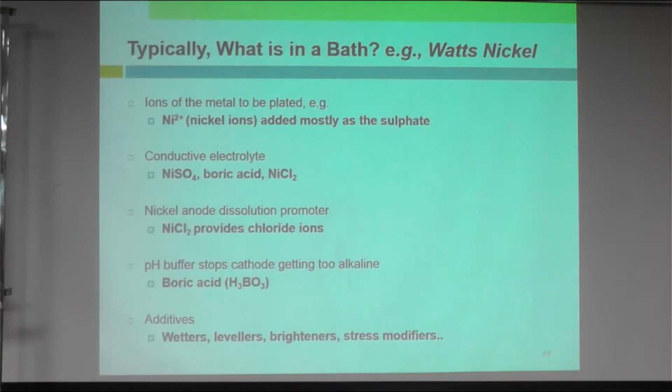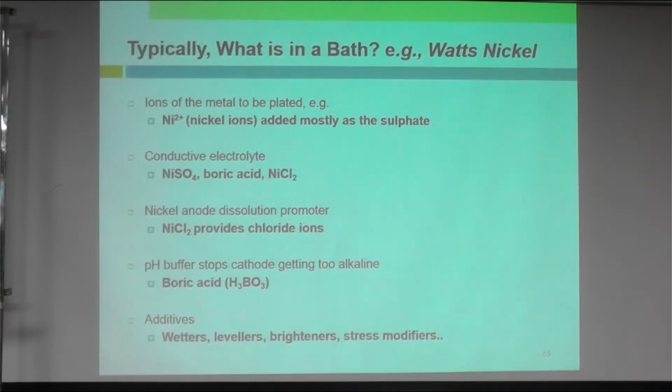The ions, typically what is in the bath, for example nickel, we need nickel ions added mostly as sulfate. So the conductive electrolyte: nickel sulfate, nickel chloride as the nickel anode dissolution promoter, then boric acid as the pH buffer, then we have additive wetters.